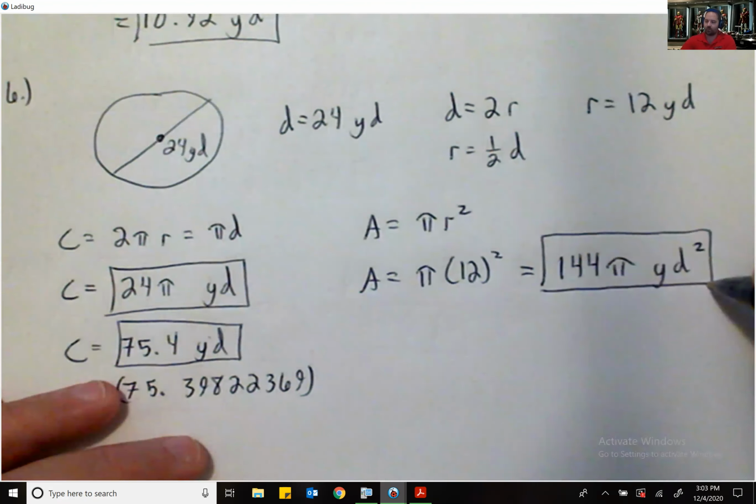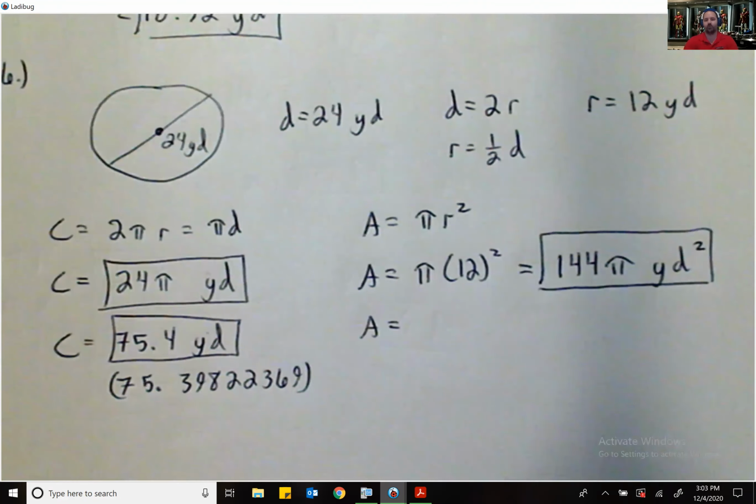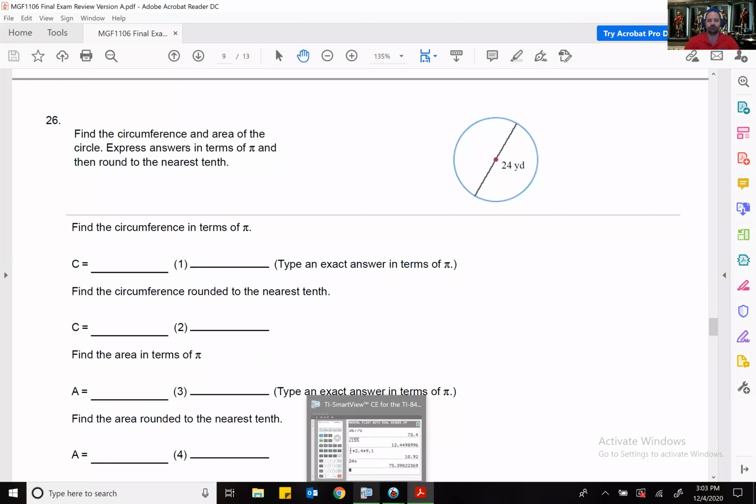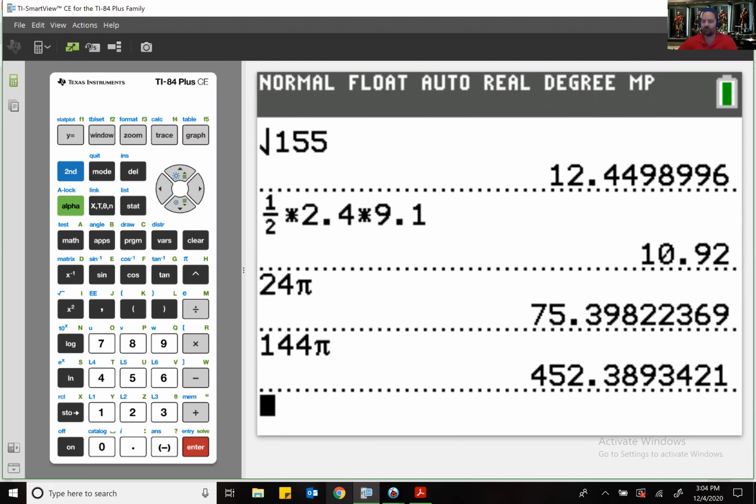And then now all we're going to do is round it. We're going to go to our calculator, put in 144 times pi and round to the nearest tenth. What do you get? 452.4.